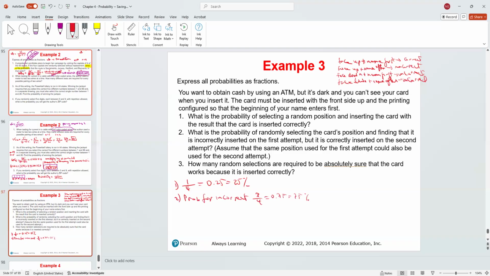Because what we said is, we have the probability that you insert the card correctly and the probability that you insert it incorrectly. What they asked you to find is the probability that you enter incorrect first, then correct second.